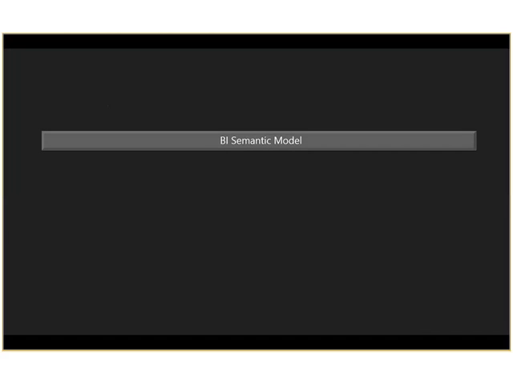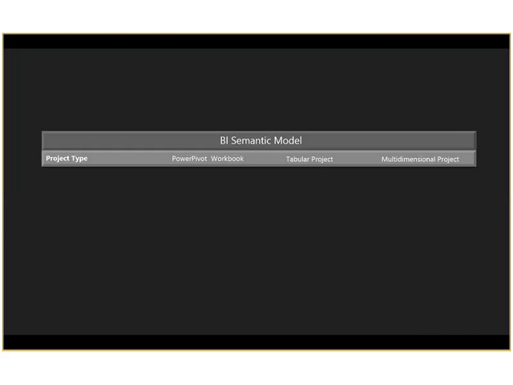So now let me run through the 3 types of BI semantic models that we can create and what our options are. The 3 types are Power Pivot workbooks, tabular projects, or multidimensional projects. Your multidimensional projects are the cubes, what we had with Analysis Services in 2008 R2 and earlier.